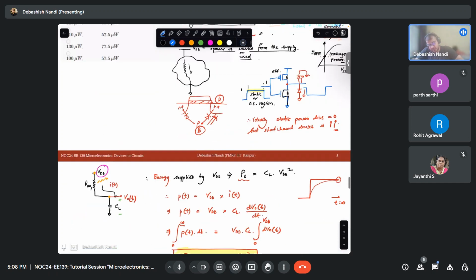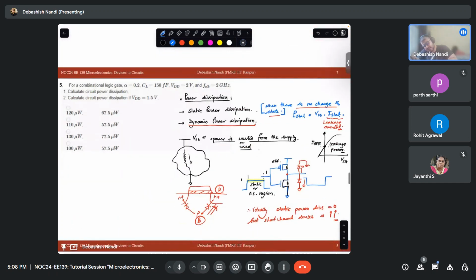Now in our question, it was asked that the circuit power dissipation needs to be found out. So P1, let's say your CL is 150 times 10 to the power minus 15. VDD square is your 4. F clock is your 2 into 10 raised to 9.